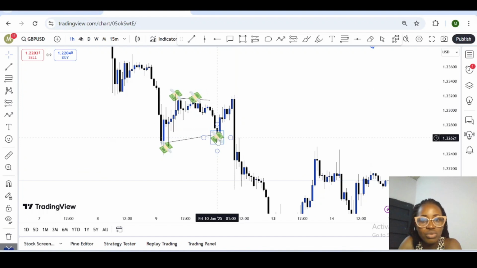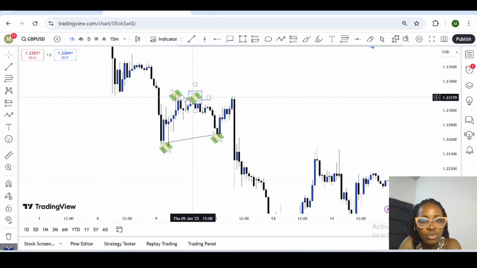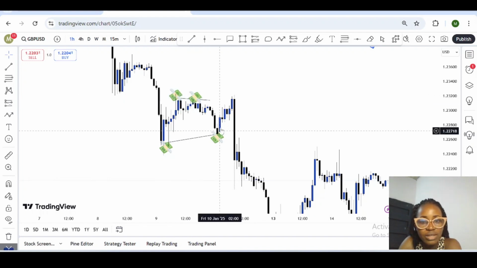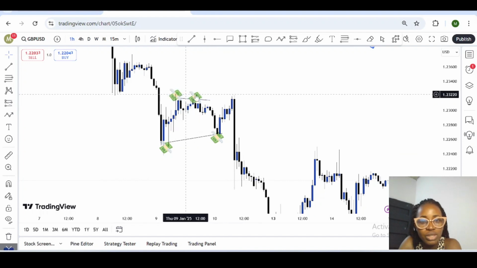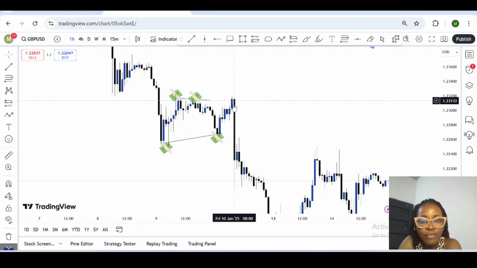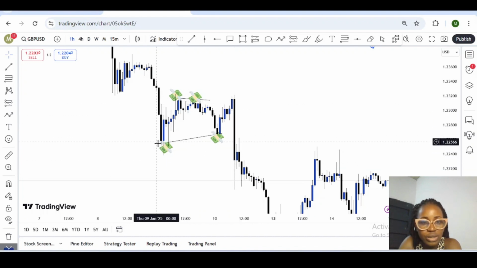So what they will do is push price all the way up to take out people's money that are resting above this equal high. So you can see here, they push price all the way up, taking out people's money that are resting here before pushing price all the way down. You can see the momentum this candlestick carries to push price all the way down, taking out people's money that were also resting below this equal low here.